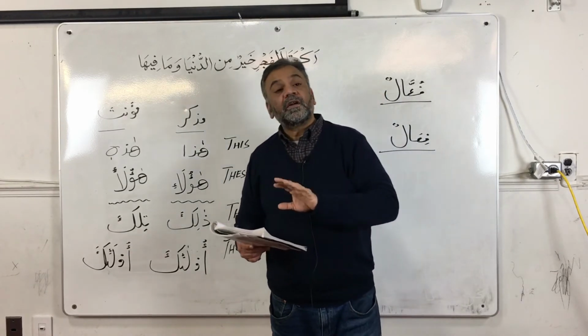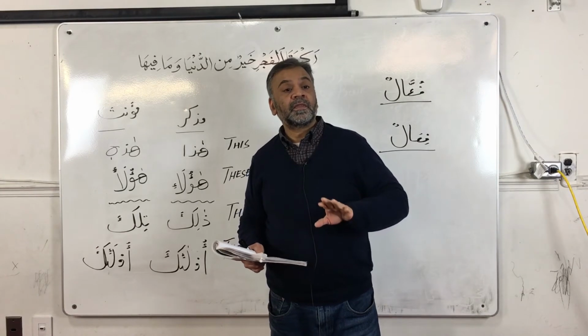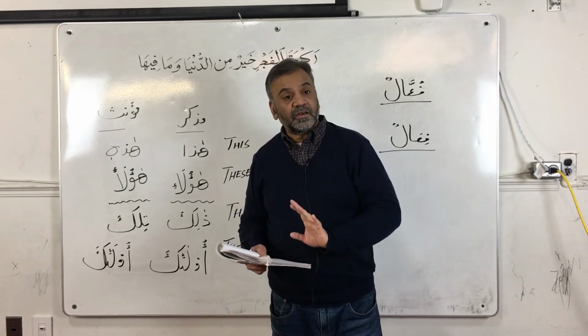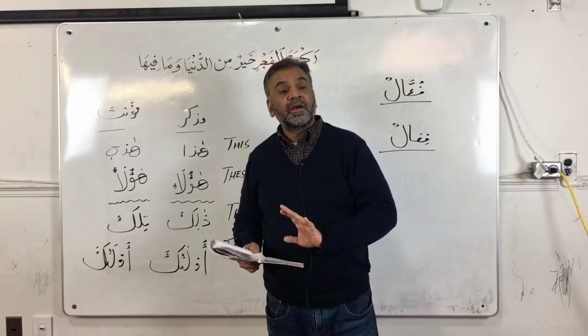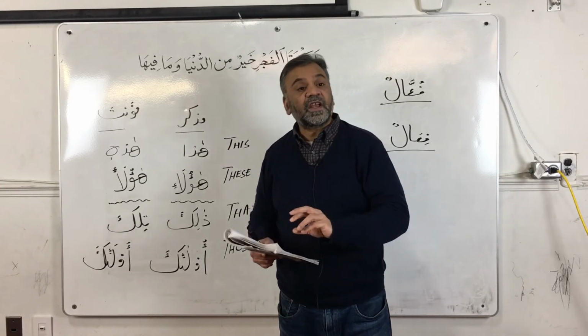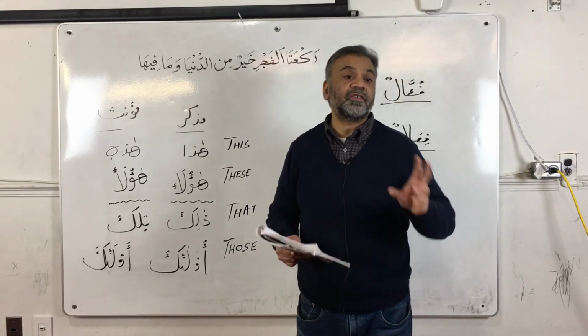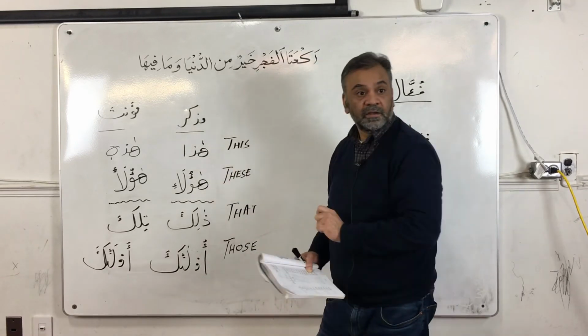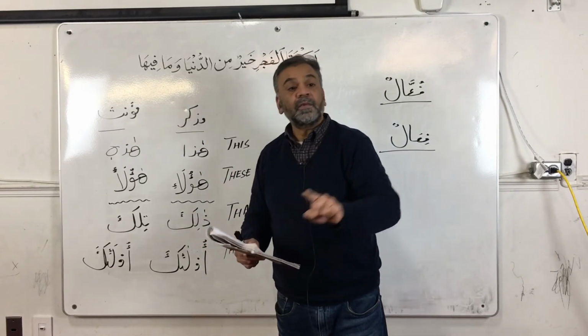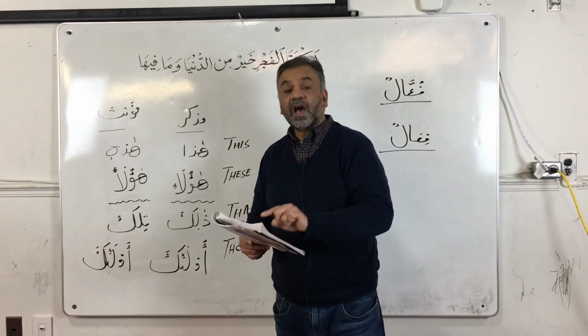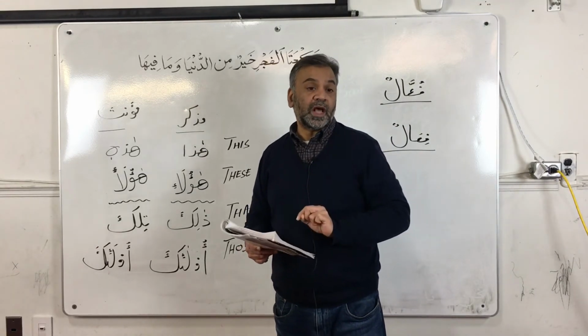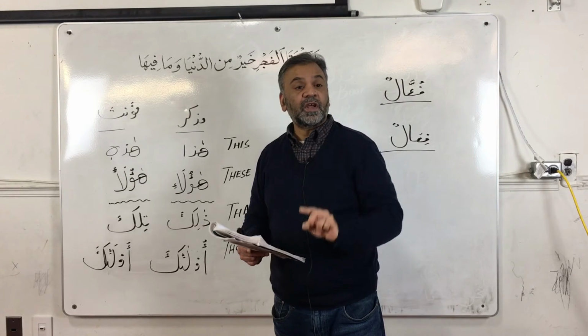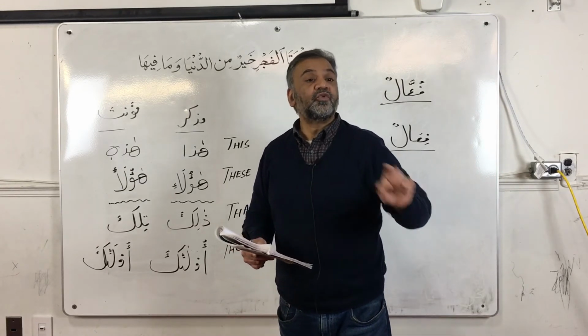What we are doing here is making the singular into plurals. This singular sentence we are making into a plural sentence. So haza will become haulai and talibun will become tullabun. So we say haulai tullabun.